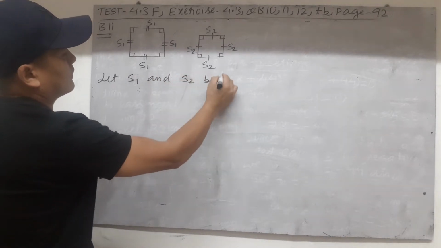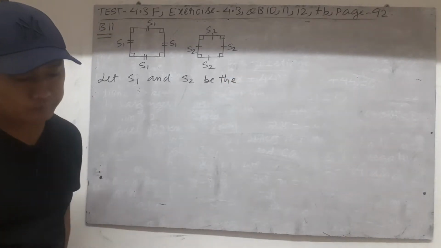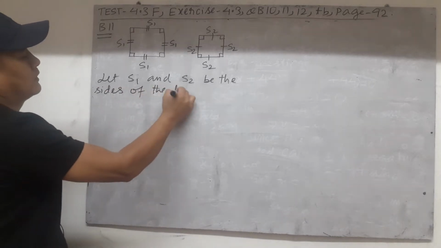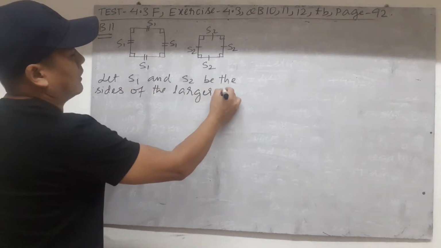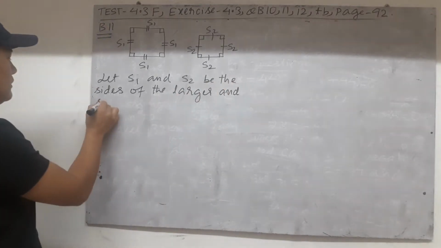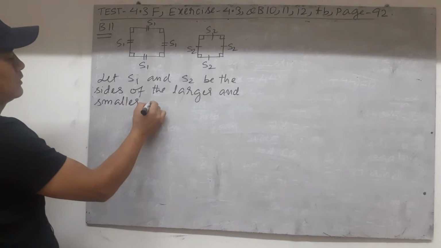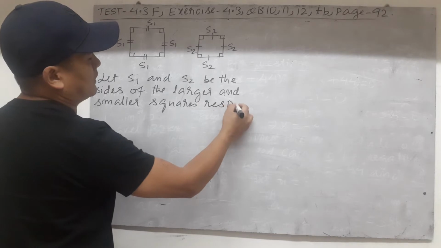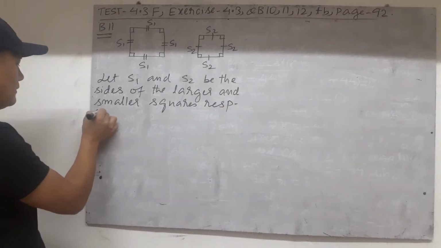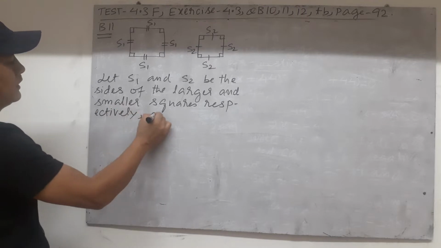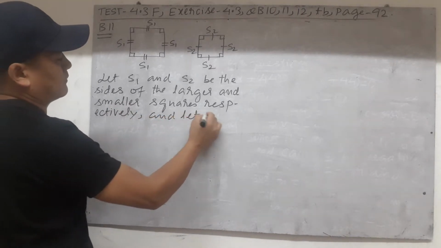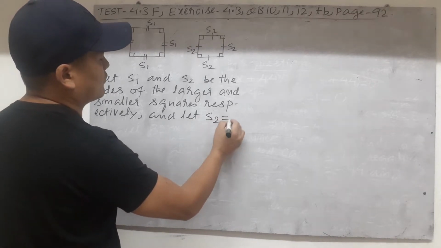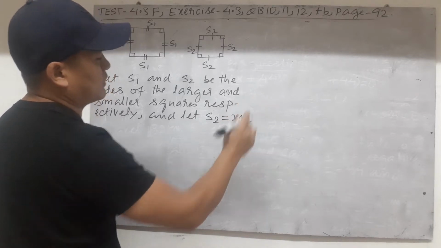So let us assume S1 and S2 be the sides measurement of the larger and smaller squares respectively, and let us say the smaller square, side measurement is X meter.